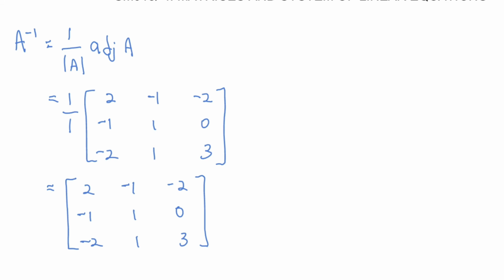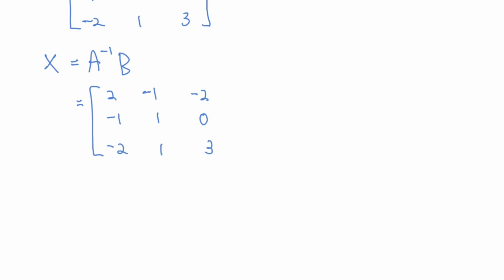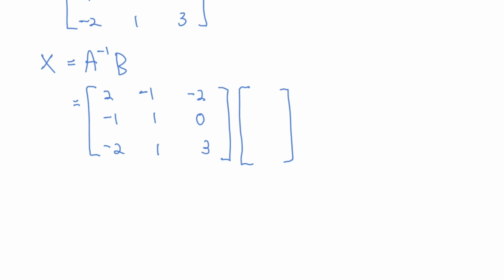Now, since the question didn't ask for A inverse but for X, Y, Z, you need to continue your solution with, as you know, X is equal to A inverse B. So A inverse is 2, negative 1, negative 2, negative 1, 1, 0, and negative 2, 1, and 3, times B. B is 11, 10, and 5.